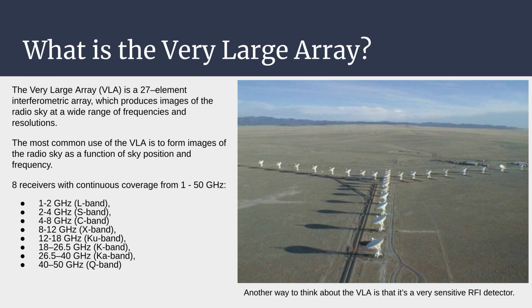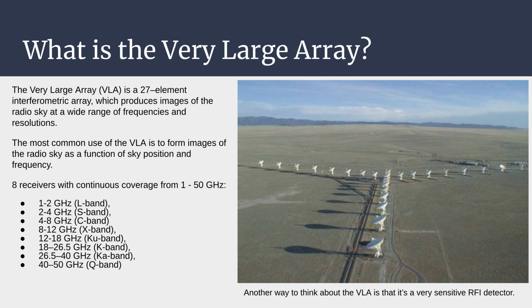So what is the VLA? The VLA is a 27 element array which produces images of the radio sky at a wide range of frequencies and resolutions. The basic data produced by the VLA is what's called visibilities, or measures of the spatial coherence function, which is formed by correlating signals from the array's elements.